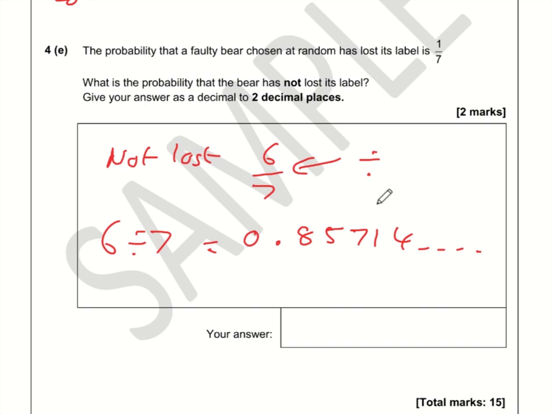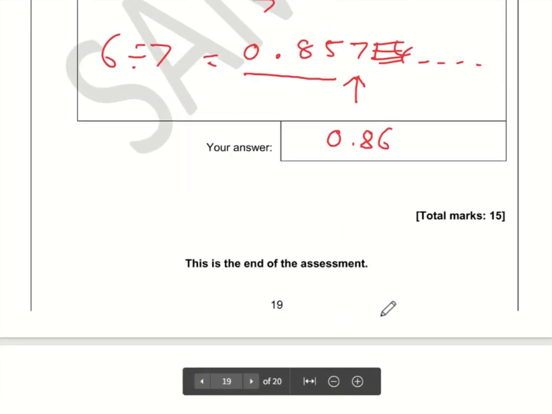It's going to go on forever. We want 2 decimal places, which means we're interested in the value of the 3rd decimal place. Anything after that we can ignore. If this is a 5 or more, then the column to the left is going to move up by 1. 7 is greater than 5, so this is going to move up 1, so 0.86. And that is the end of this assessment.